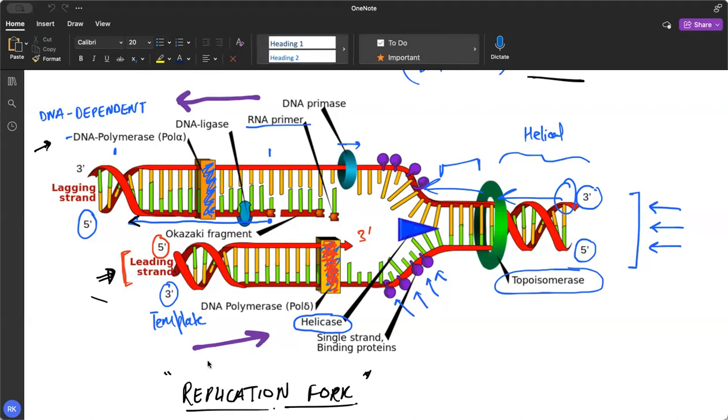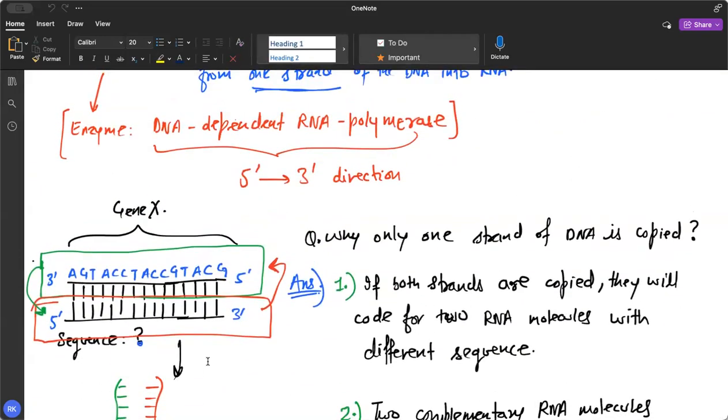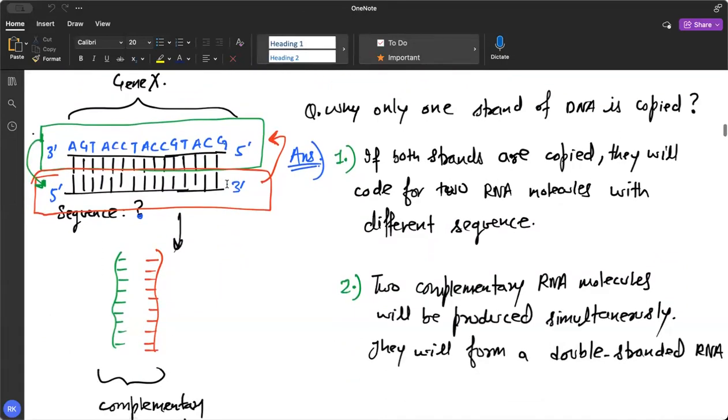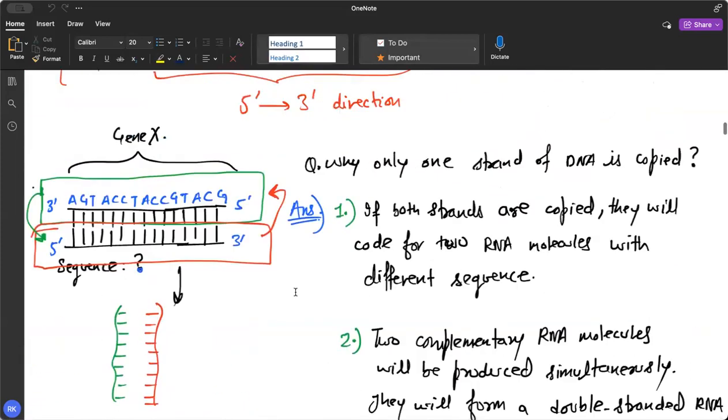Okay, cool. So remember the replication fork, and then transcription is copying information of DNA into RNA. So it's DNA dependent RNA polymerase, direction remains the same. And here, the rule of complementarity is followed.